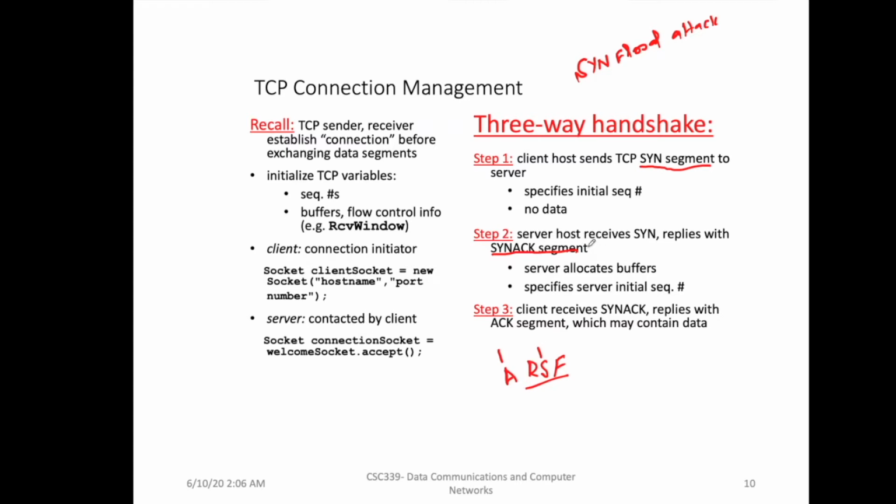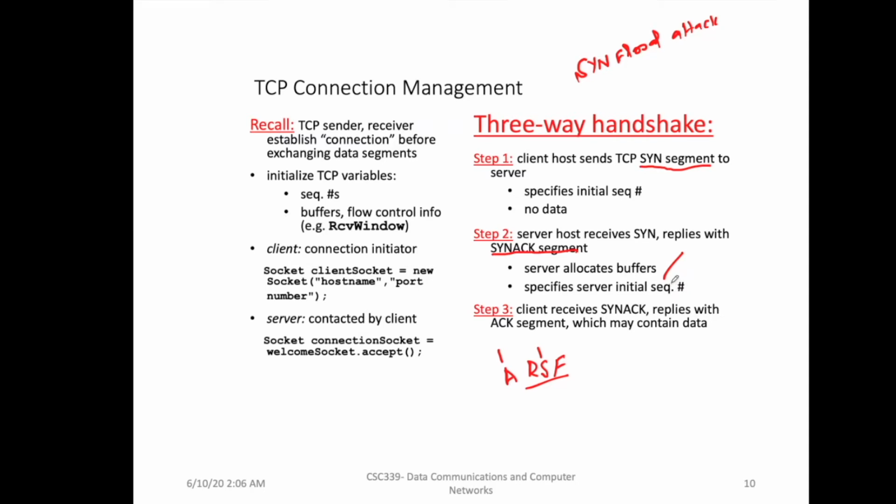The server also allocates a buffer to receive whatever data comes from the sender side, and it randomly selects the initial sequence number. And here we have the problem, right?